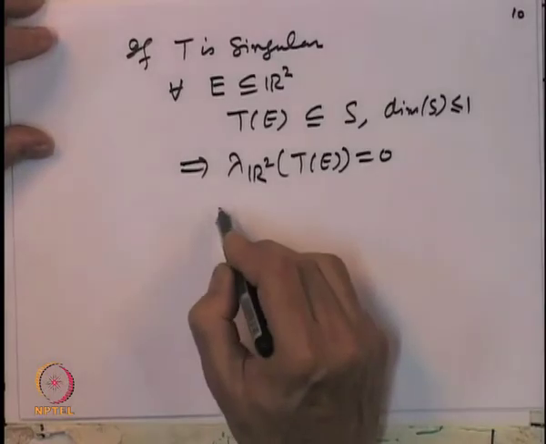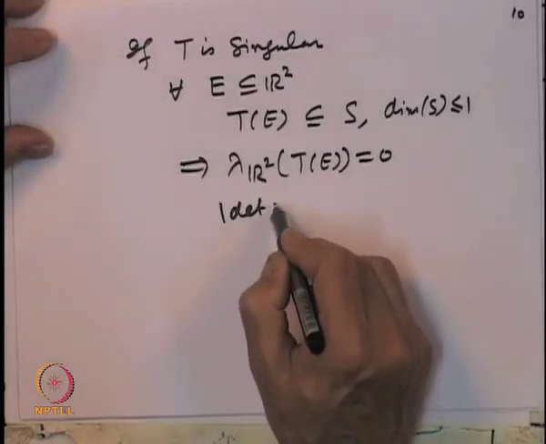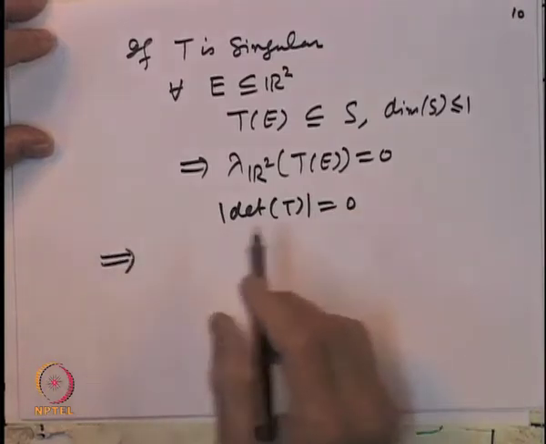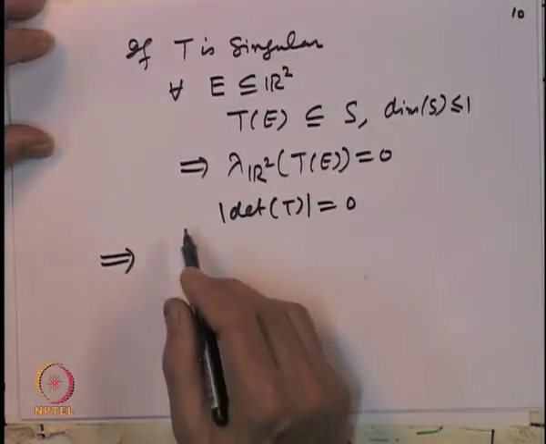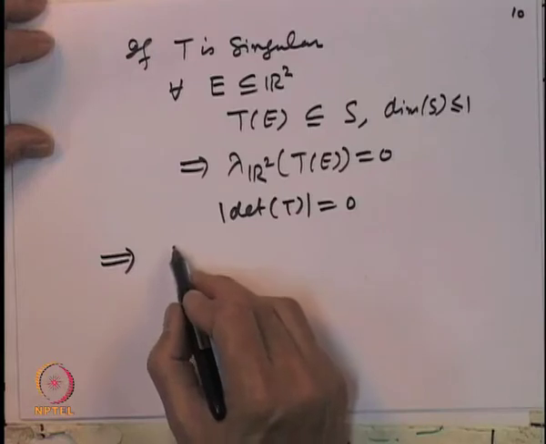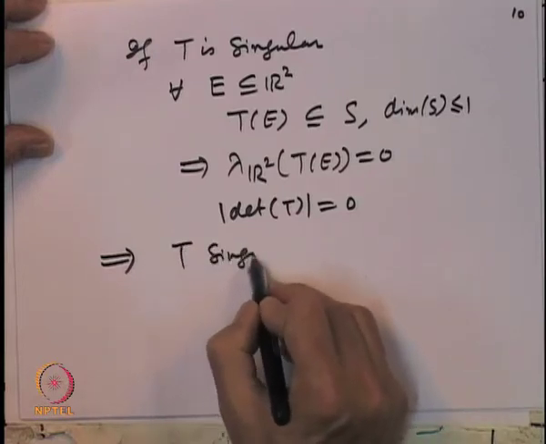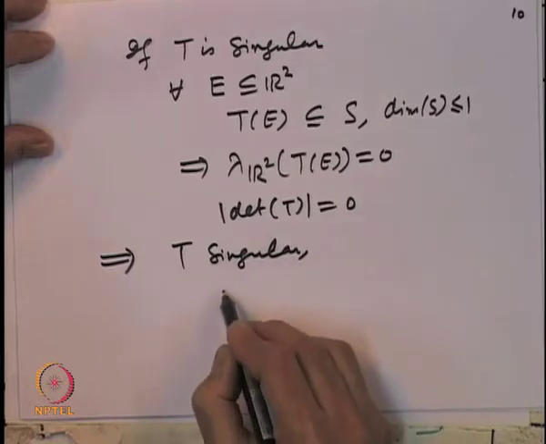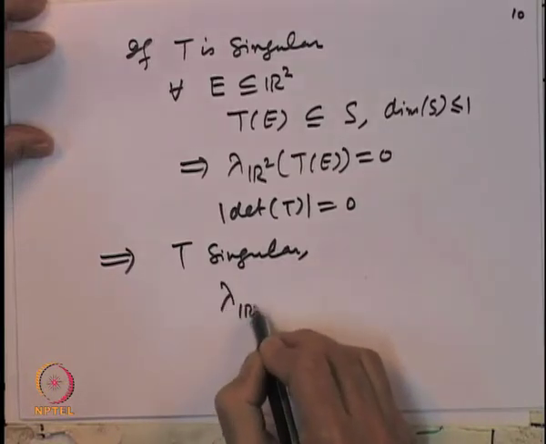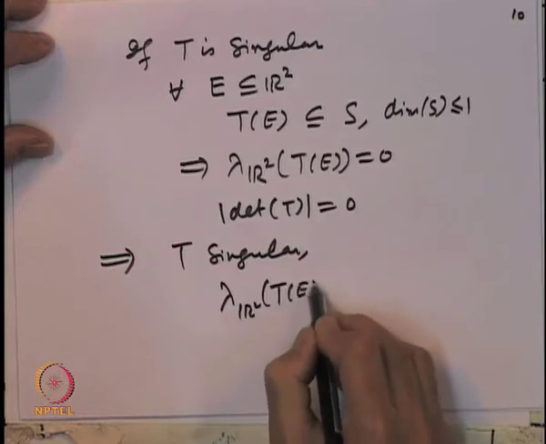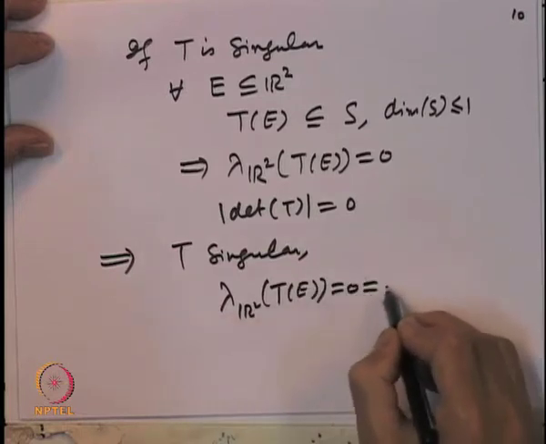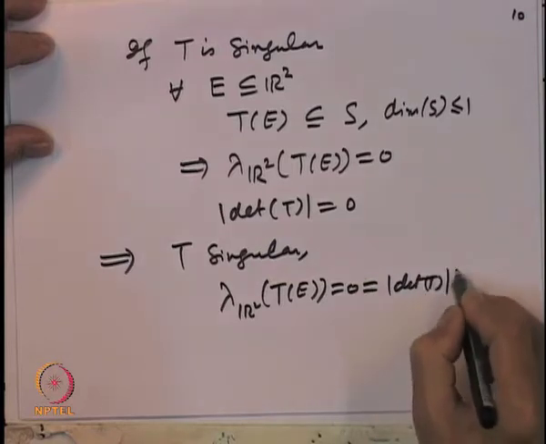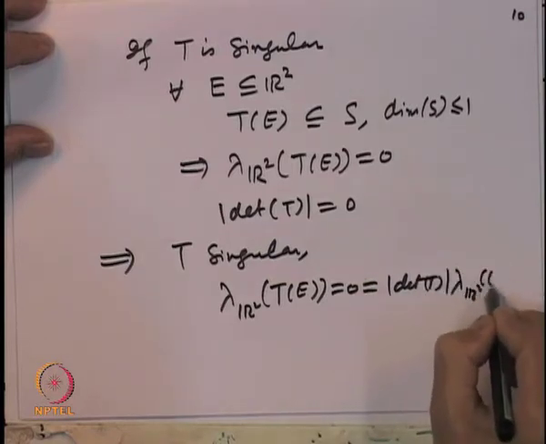On the other hand, we also know that the determinant of T is equal to 0. So, for a singular transformation T, the Lebesgue measure of T(E) equal to 0 equals the determinant of T, which is again 0, times the Lebesgue measure of E.